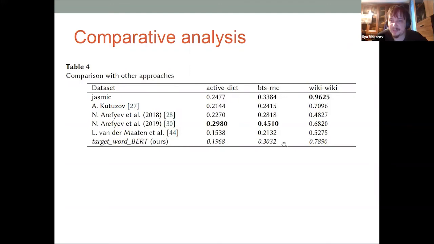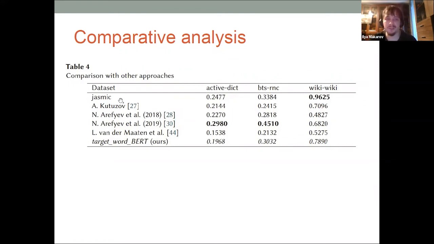For the second dataset, we obtained the third best results, and for the smallest dataset, we obtained the second best results. So we still have a way to go in improving these results, maybe by considering different cluster projections or more advanced transformer models for context embeddings.